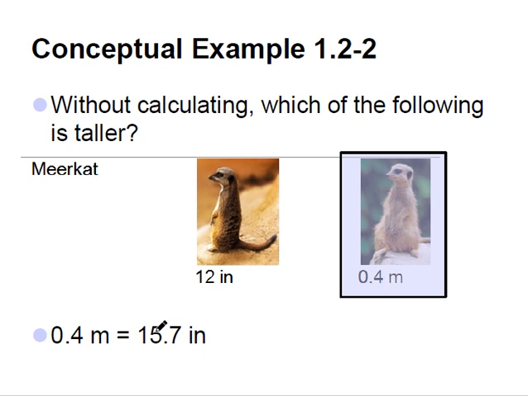I know that 0.4 meters is actually 15.7 inches. So when you compare this to the meerkats, this meerkat's 12 inches is shorter than 15.7 inches, which is 0.4 meter. This one is the taller meerkat.